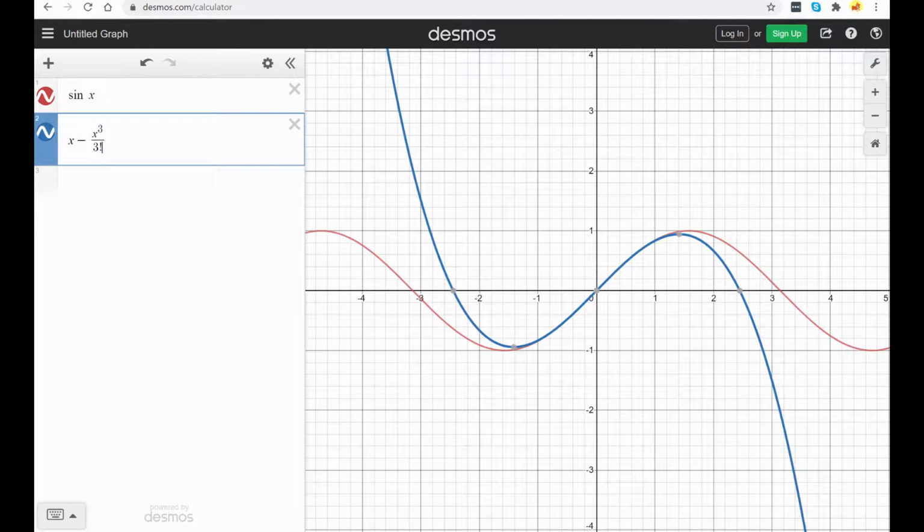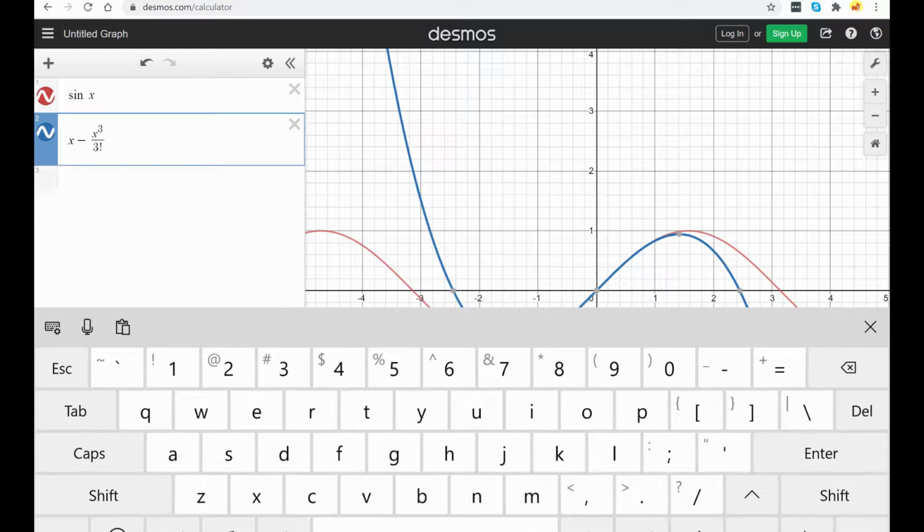Now, as we increase the terms, you will realize that not only is the approximation going to be closer or more accurate, the range of values of x that we can use will also become larger. So it was minus 0.5 to 0.5, then minus 1 to 1. Let's take a look.